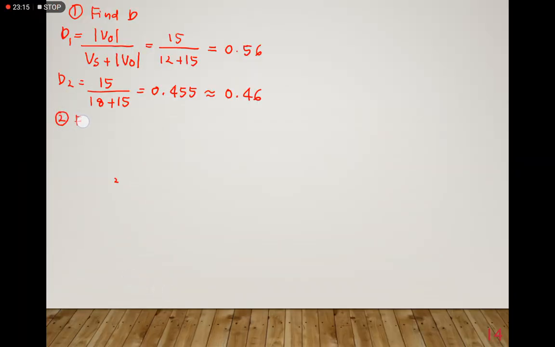We need to find our IL. Since you have two duty cycles, obviously you have two IL. So IL1, we are referring to duty cycle number 1.